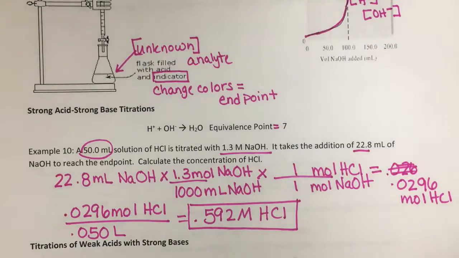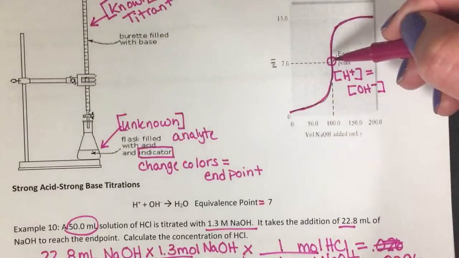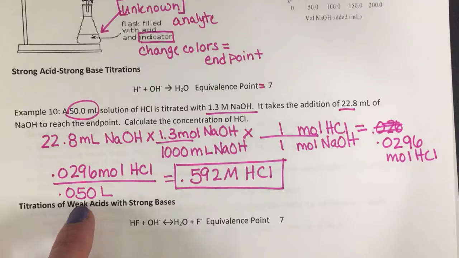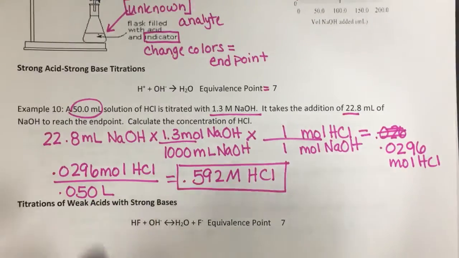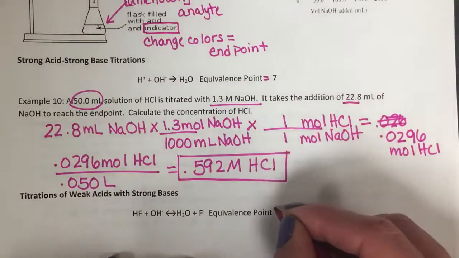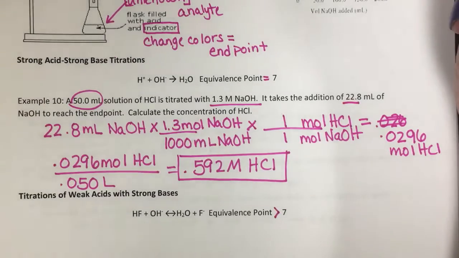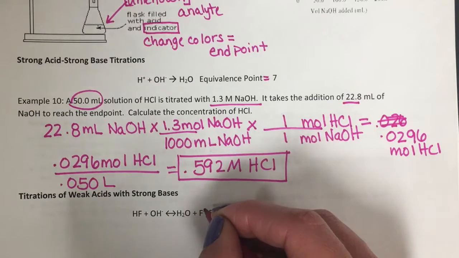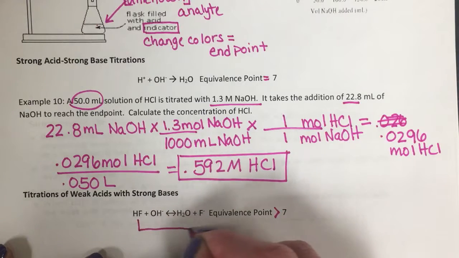Now, if I have a strong acid, strong base, my equivalence point is going to be 7. If I have a weak acid and a strong base, my equivalence point is going to be greater than 7. The reason is, here I've got my weak acid. My weak acid reacts with my strong base to form water. That doesn't affect the pH. But here I've got this F minus.